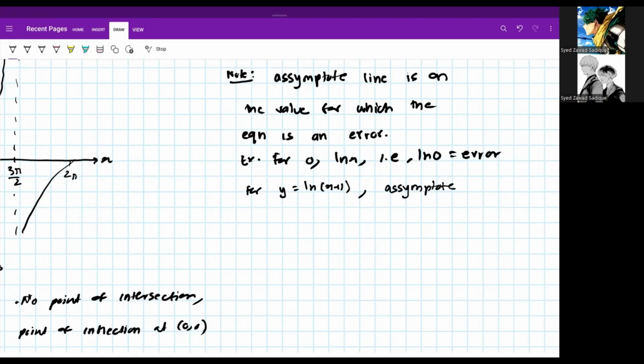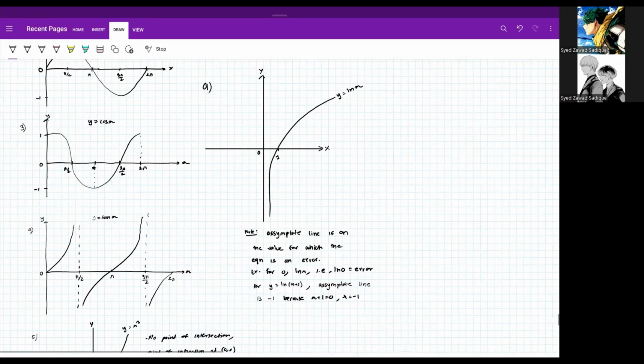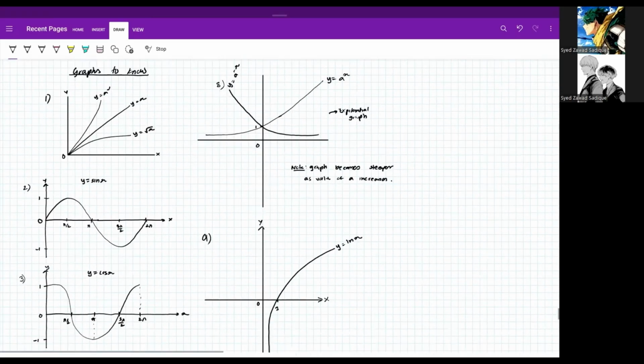For y is equals to ln x plus 1, the asymptote line is -1 because x plus 1 is equals to 0, x is equals to -1. Okay, in due time, you guys will understand my notes while solving questions by yourself.